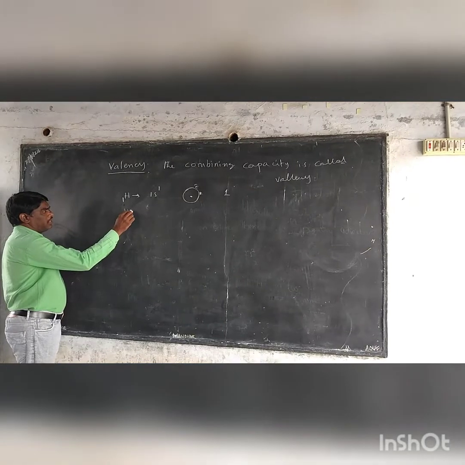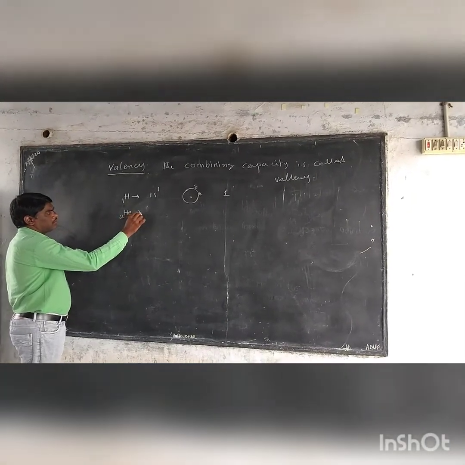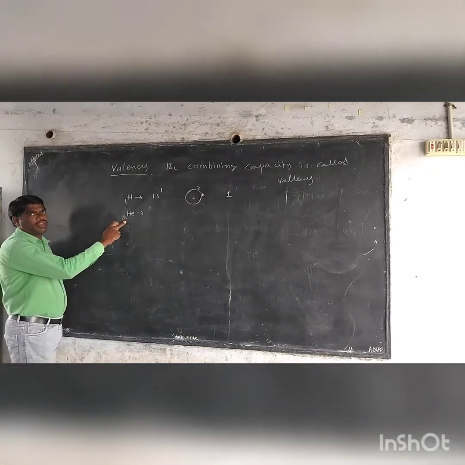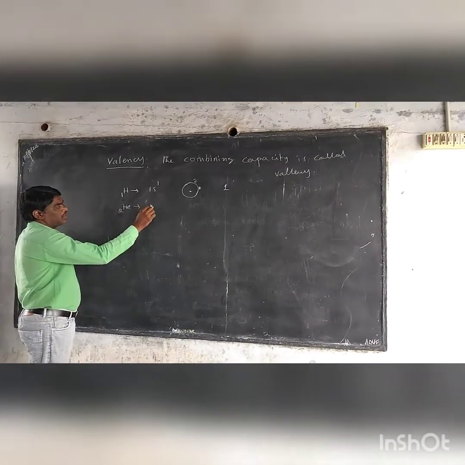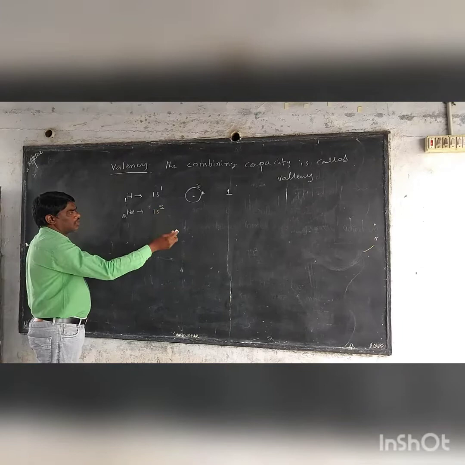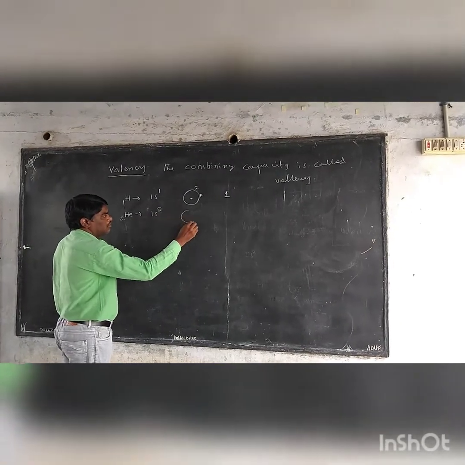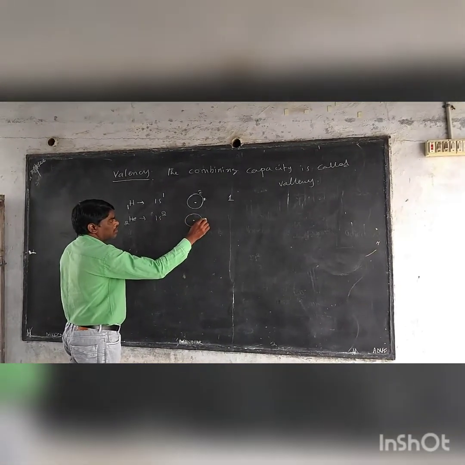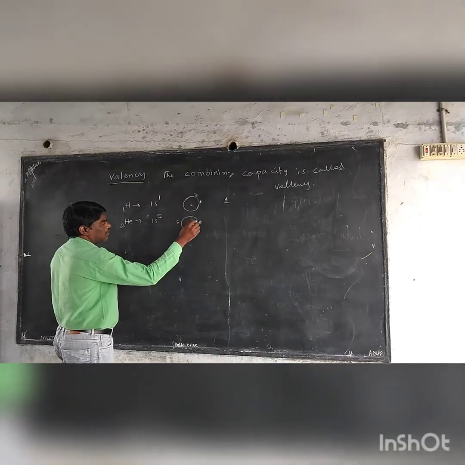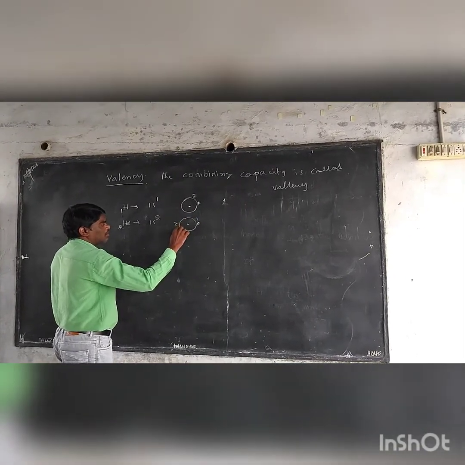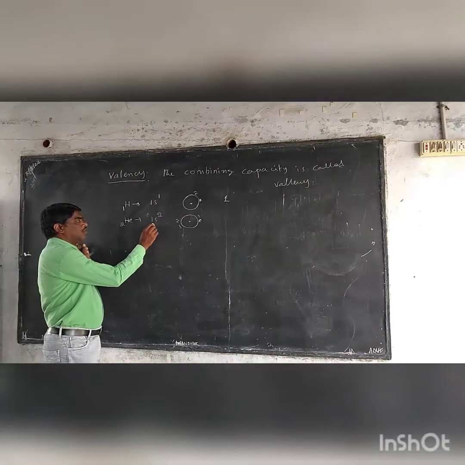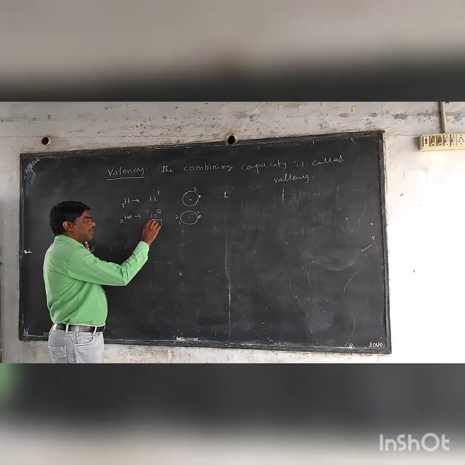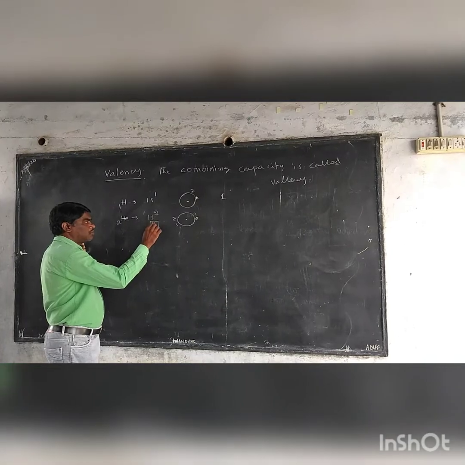Now next one, helium. Helium atomic number 2; the number of electrons equals the number of protons. Now the electronic configuration is 1s2, in the first shell also. How many electrons are there? Here 2 electrons, one electron and one electron, with opposite spin. The s orbital is only 1 orbital, and its maximum filling is 2 electrons with opposite spin.